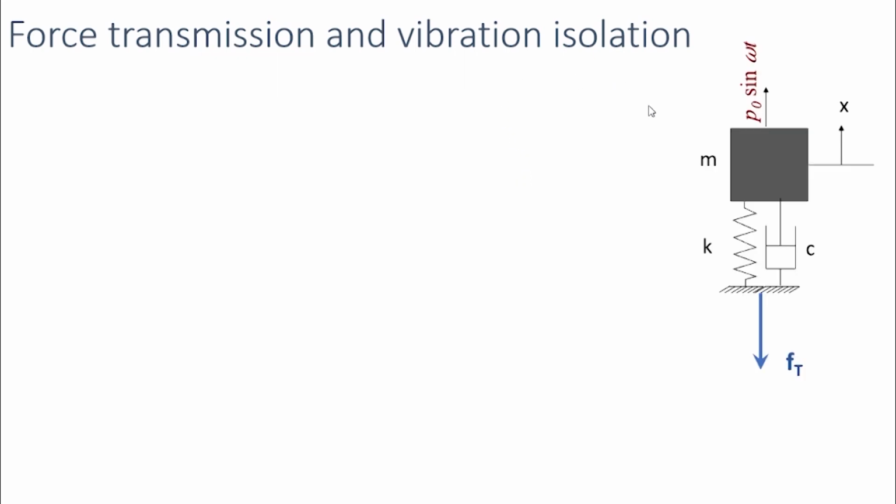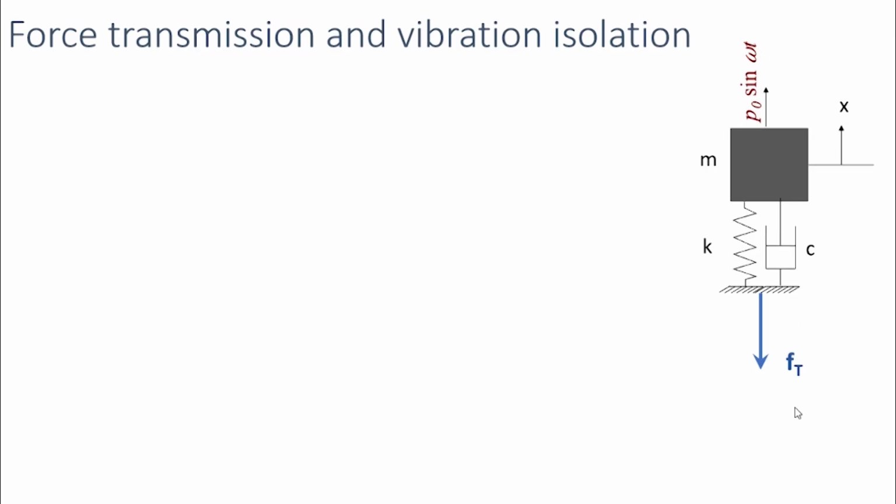Now let's understand the force transmitted from a vibrating system to its support, and this information will be used in designing the vibration isolation systems. So we have a single degree of freedom system, and it is acted on by a harmonic force equal to P naught sine omega t.